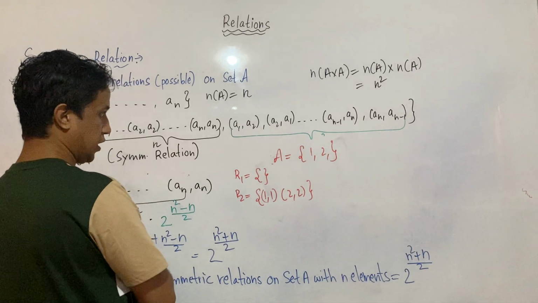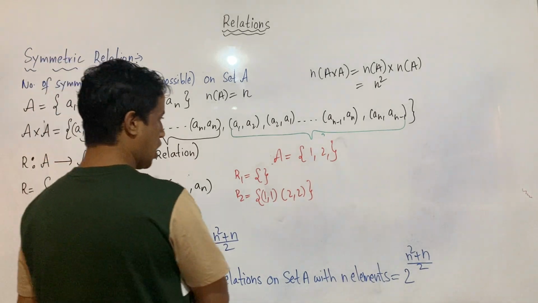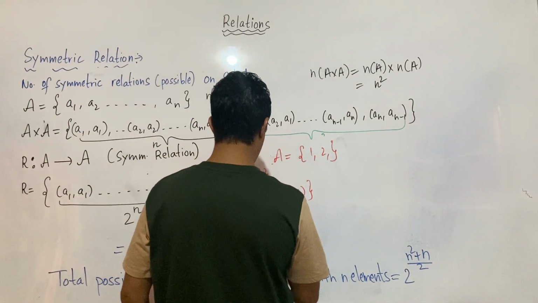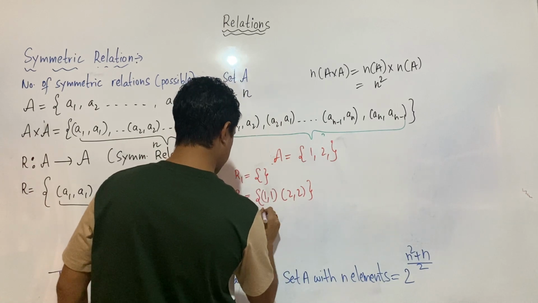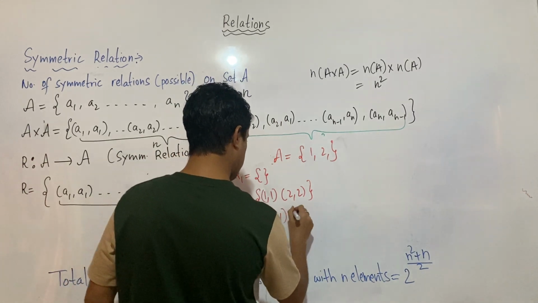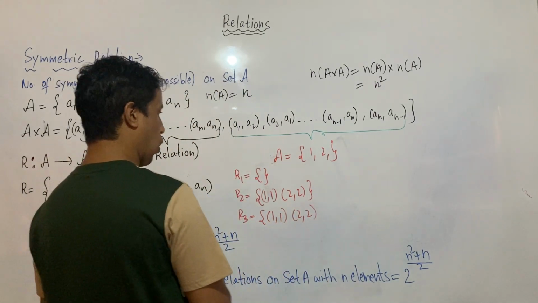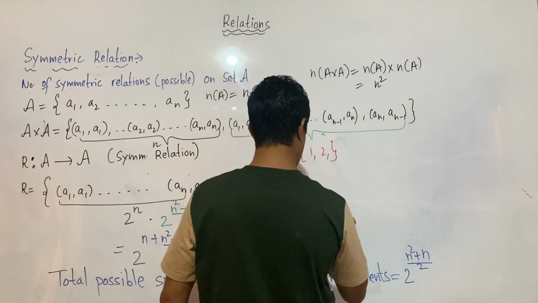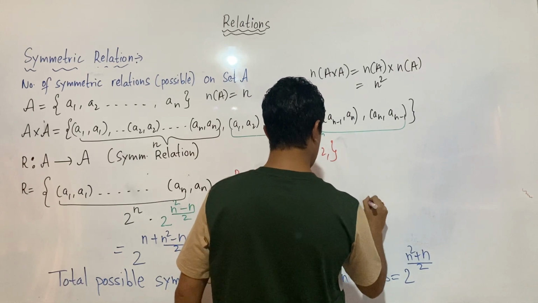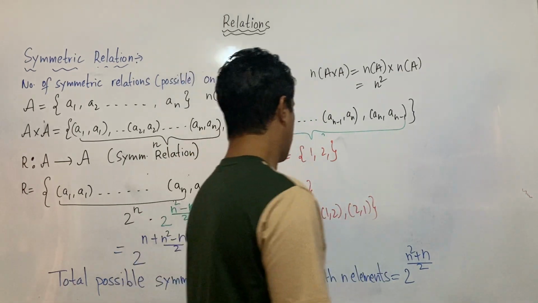Or R3 could be (1,1), (2,2), and (1,2), (2,1), right?